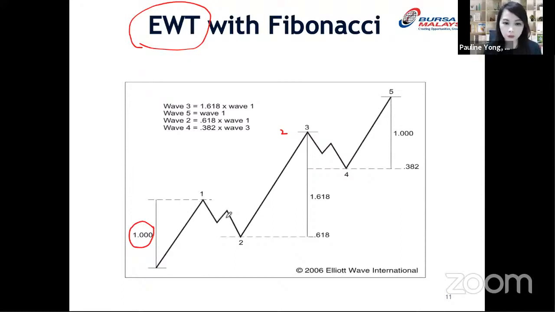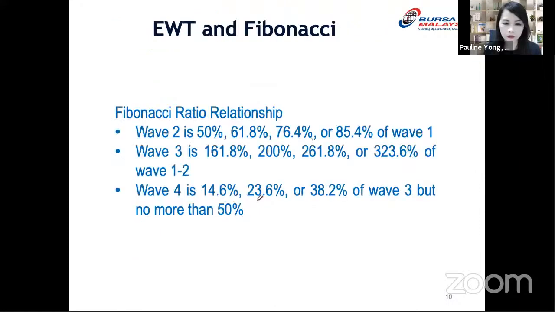Just now we said that wave number 2 has to be retraced all the way to 618 and beyond, but wave number 4 is very brief. How brief? It says here 14.6, 23.6, less than one third. Basically, not more than half of it. That is for wave 4.